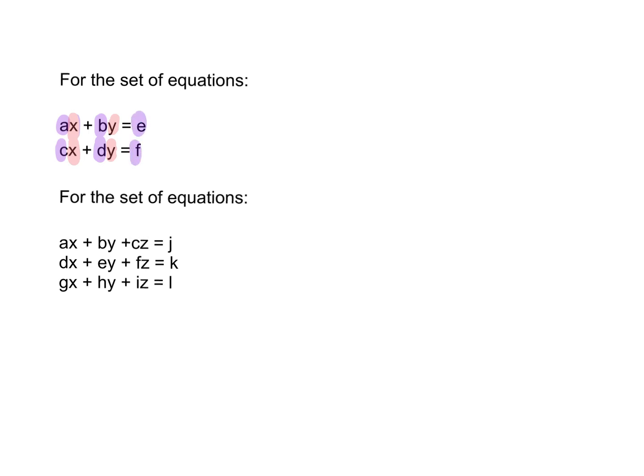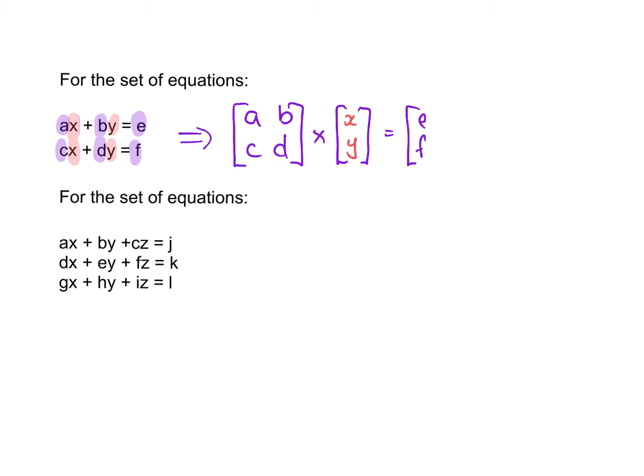So if you're asked to set a set of equations up in matrix form, you will set it up like this, where you put the numbers, just like I said before, you do times, you'll have your unknowns in here, and then you'll say equals whatever those answers are.